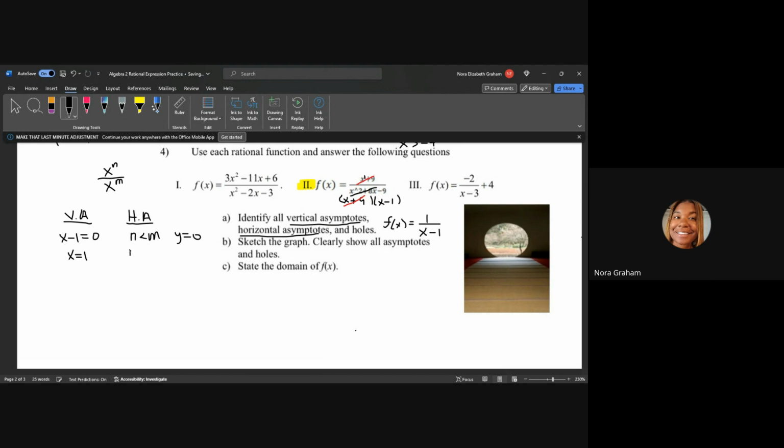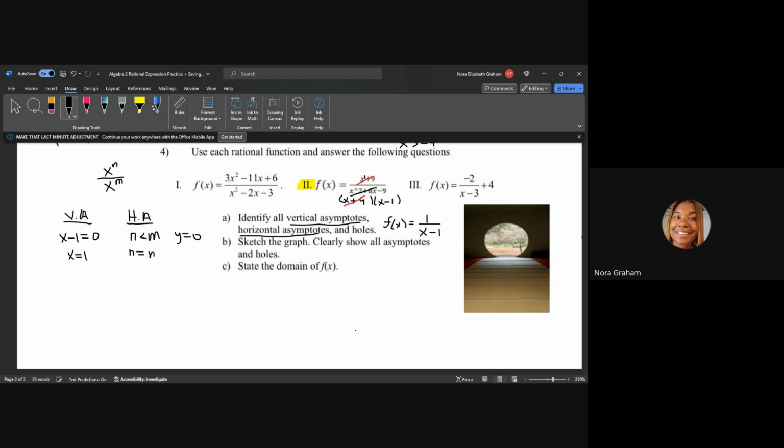If my n is equal to my m, that's kind of like what's happening in the first example, where both of my highest exponents are equal.